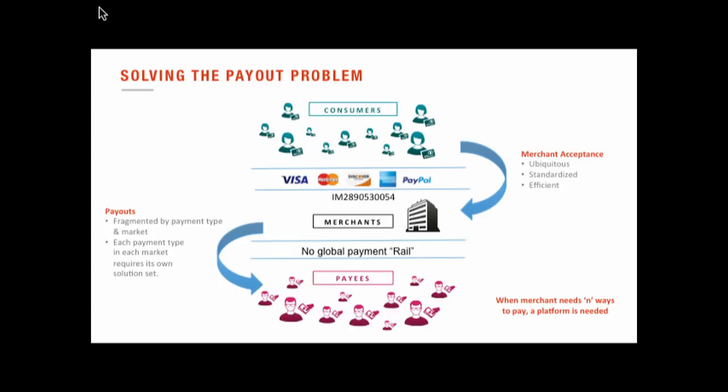Taking a card payment anywhere in the world looks pretty much the same. It's a card number, an expiry date, a CVV. But if you're talking about payouts, sending payments out to people, there really isn't a ubiquitous global payout rail. And so why is that?